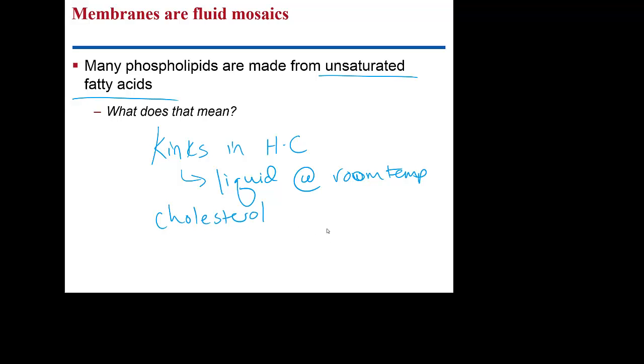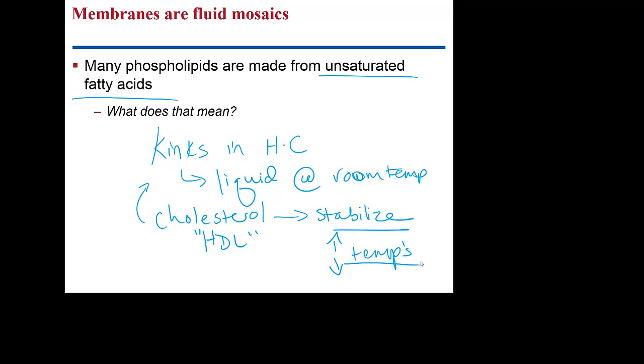So cholesterol will actually fill in at some of those spaces that are left open to help to stabilize the membrane. Now this is good cholesterol. This is HDL. So this is the cholesterol that we need to help to stabilize our membranes both at increased and decreased temperatures. So it's going to work in both cases.